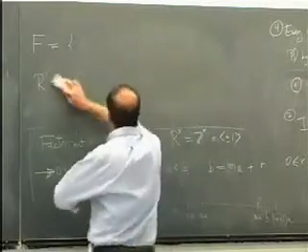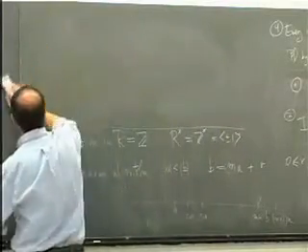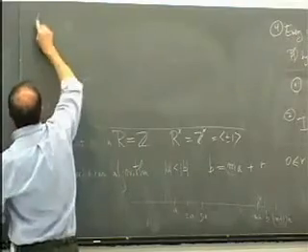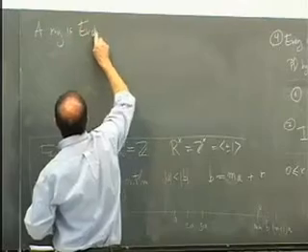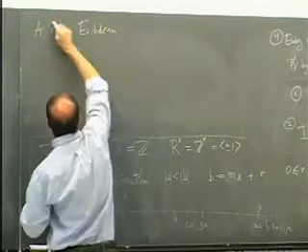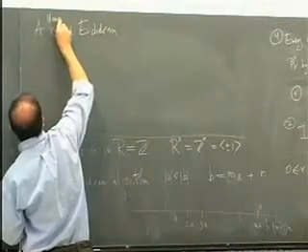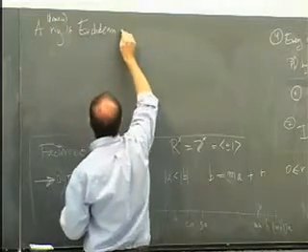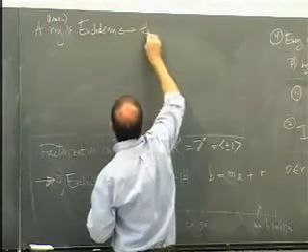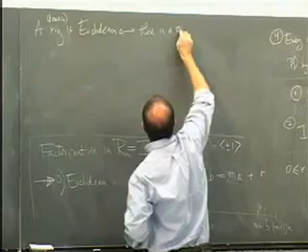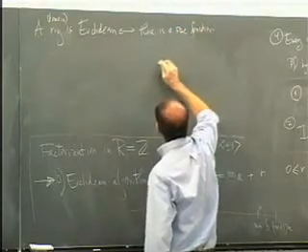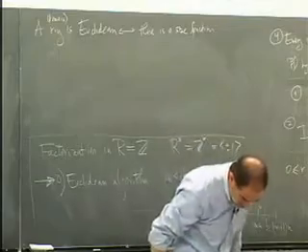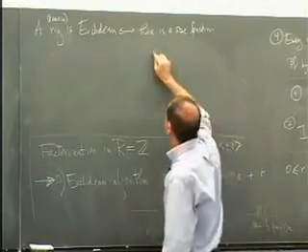Well, we need a size function that tells us how large things are in R. A ring is Euclidean, well, actually a domain, everything now is a domain, is Euclidean if and only if there is a size function. I'll call it delta.